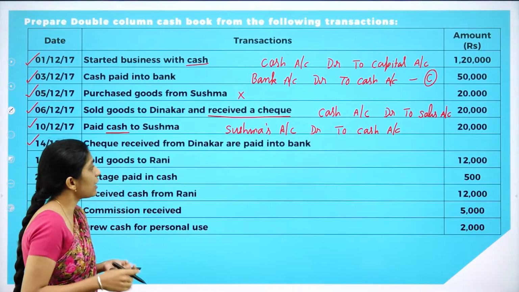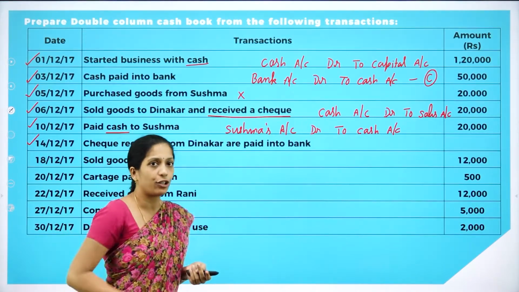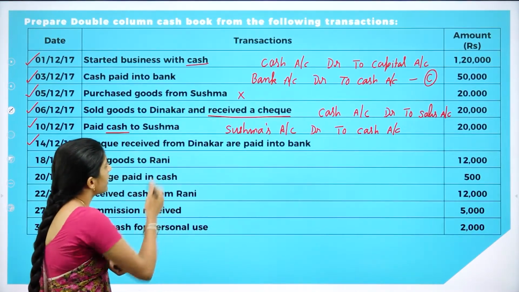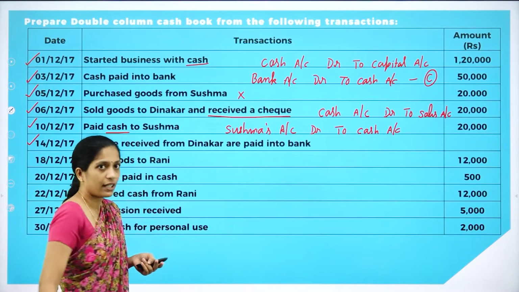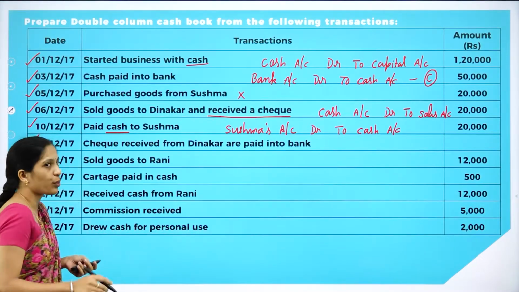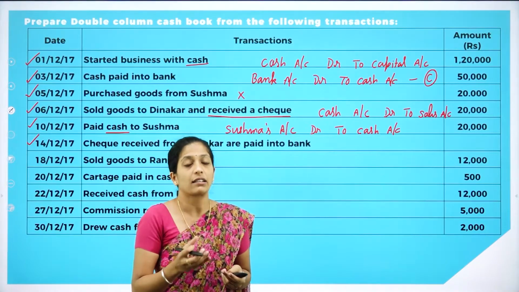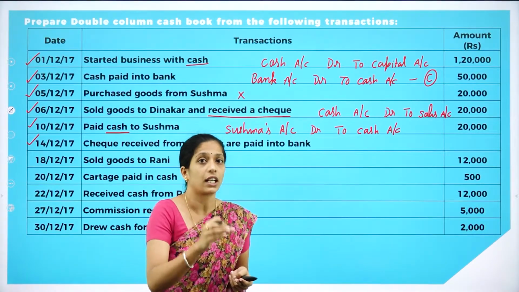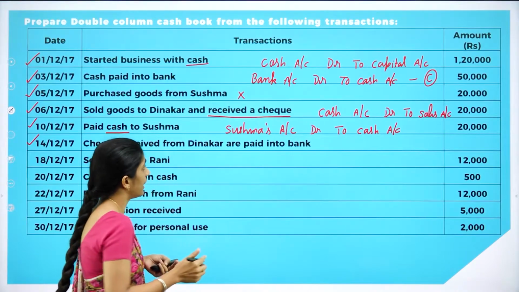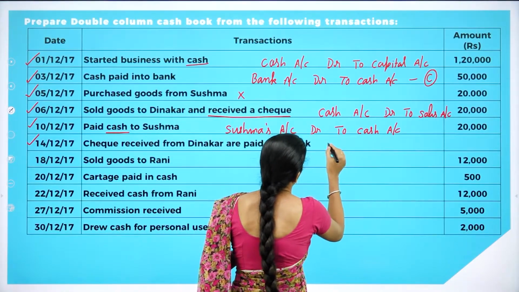Now, moving on to the next transaction, it is 14/12/2017, check received from Dinakar and paid into bank. So, we had already received the check from Dinakar, right? That is on 6th, we received the check from Dinakar. Now we are paying into bank. It's nothing but depositing into bank. So what is your journal entry? Who is receiving that check? It is bank.